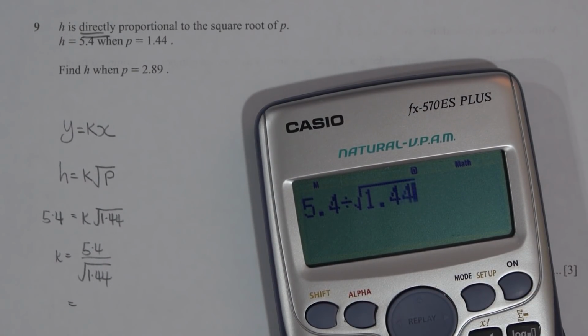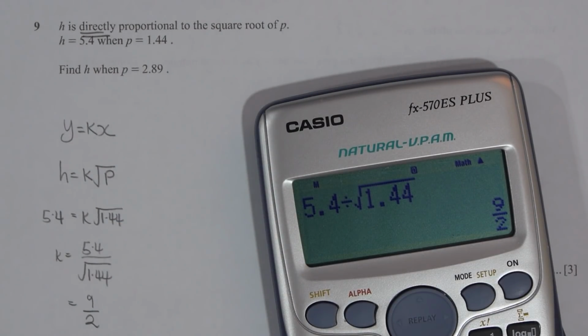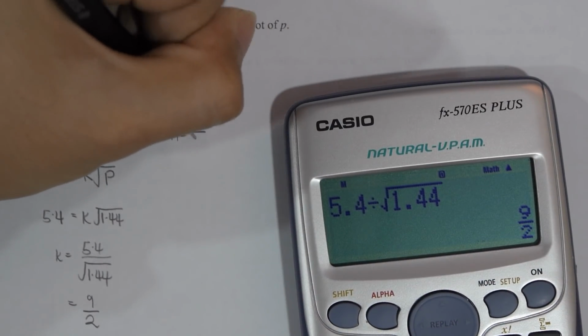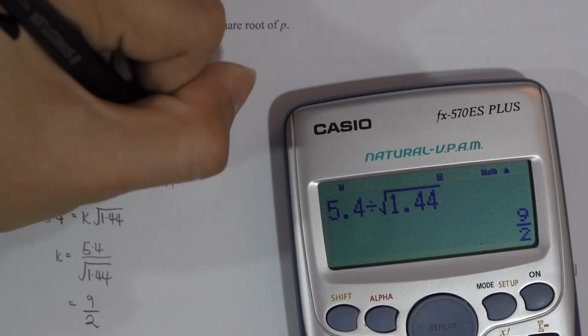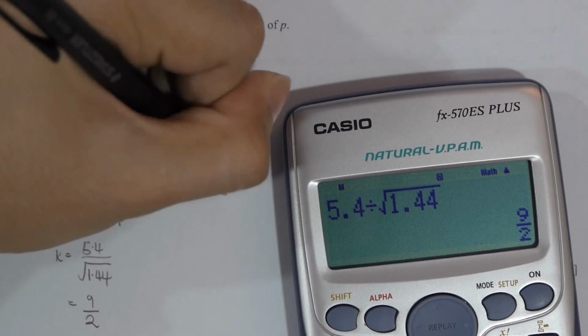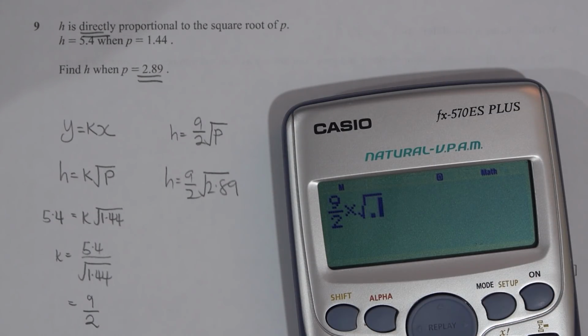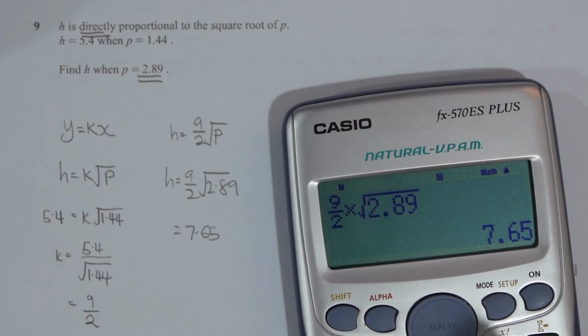So you key in the variables that was given to find the k first, which is 9 over 2. So with that data, then you substitute it into the question. They are looking for h when p is 2.89. Then you get a final answer of 7.65.